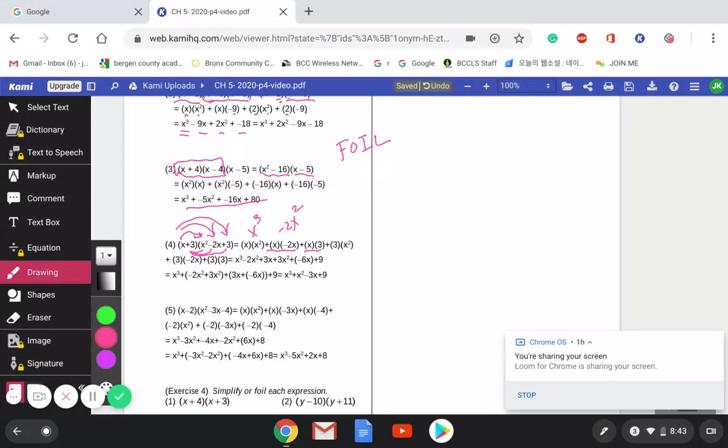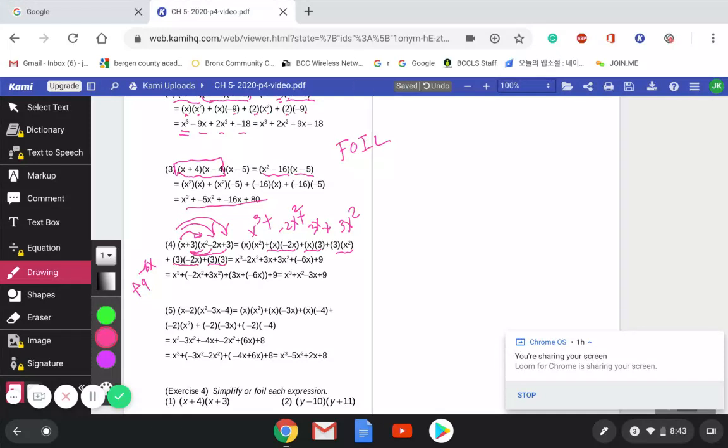And x with a 3, 3x. And 3 with x squared, 3x squared. By the way, they are all addition in between. And now 3 with negative 2x is negative 6x. And last one, 3 with a 3 is 9.